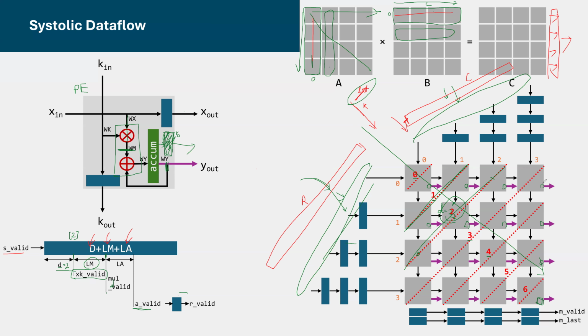So how do you shift? When this one becomes valid, we say M valid, so the output is valid. On the other side, you look at your M ready. If M valid and M ready, then you can replace this data with the data from here.